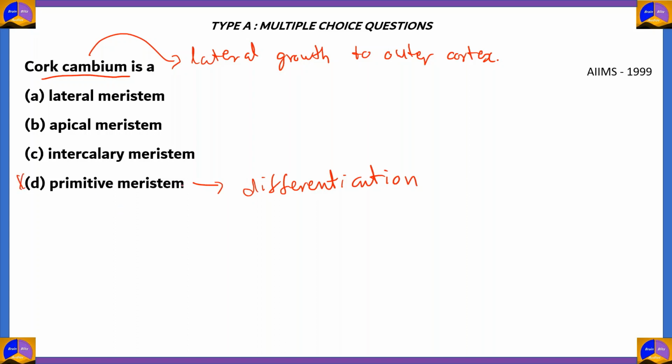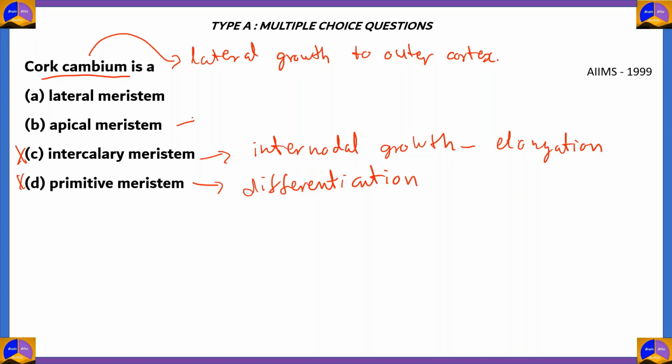What about option C, intercalary meristem? This is found and is used for internodal growth, which technically is elongation. So option C is incorrect. What about option B, apical meristem?